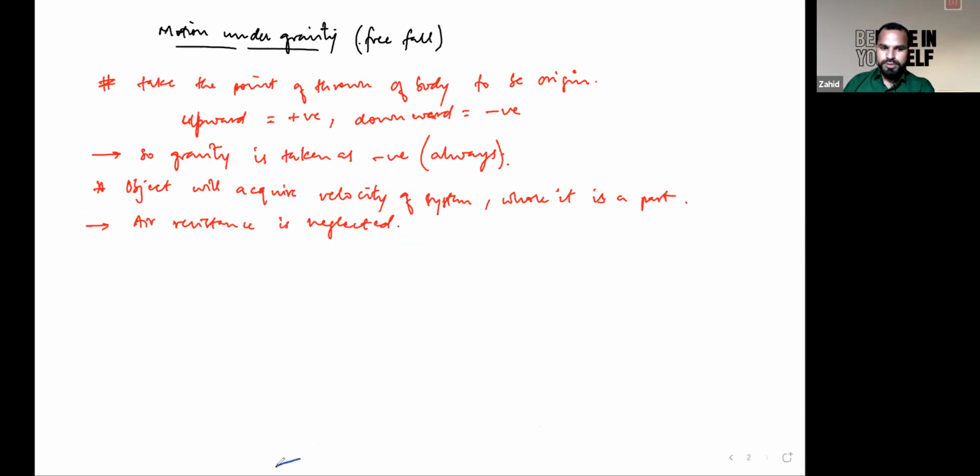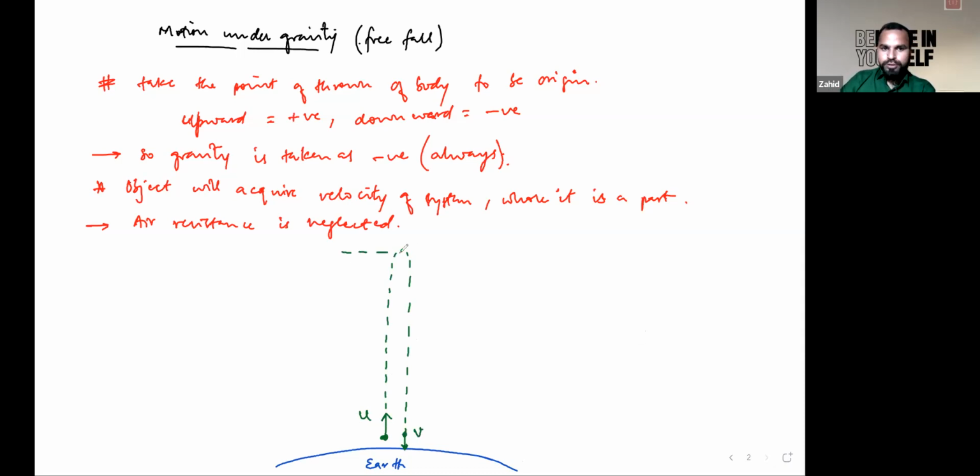Next is, suppose this is the surface of Earth, and if a body is thrown upward from this point with some initial velocity u, so it will move along this direction and after attaining some height, it will return back to this point with some velocity, let's say v.